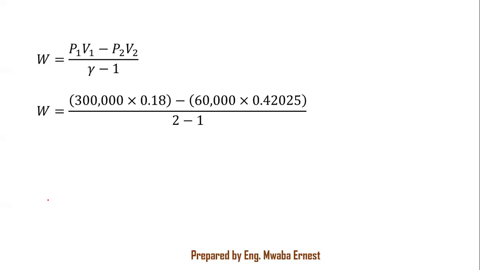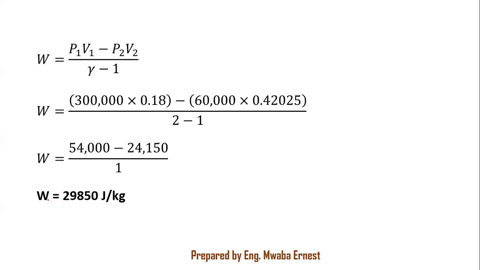Below there, our gamma is 2 minus 1. And that's what we have now. After multiplication, we end up with 54,000 minus 24,150. So then our work done is 29,850 joules per 1 kg.